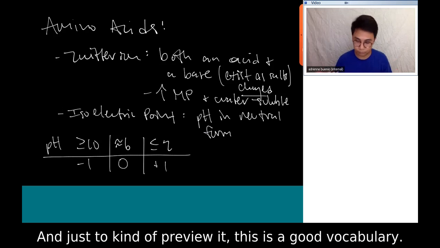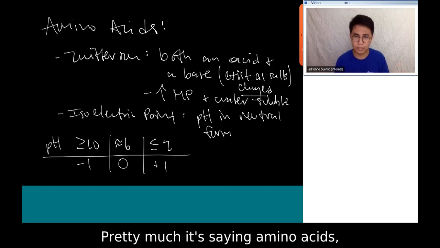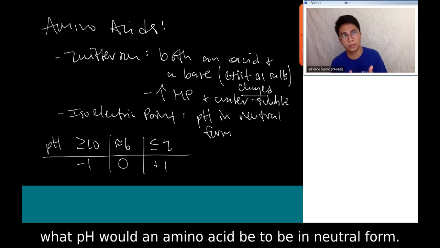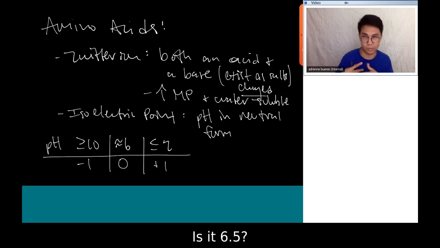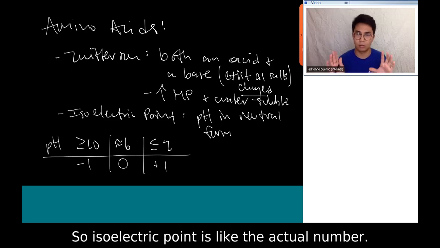Just to preview it, this is good vocabulary. What pH would an amino acid be at to be in neutral form, right? We said it's around 6. So isoelectric point is that precise number. Is it 6.5? Is it 7? Is it 6.2? Things like that. So isoelectric point is the actual number, right?